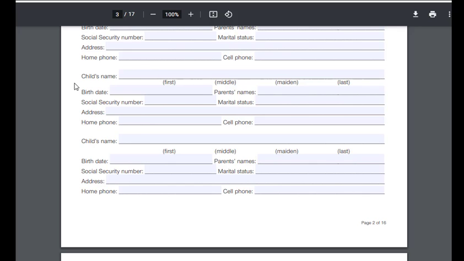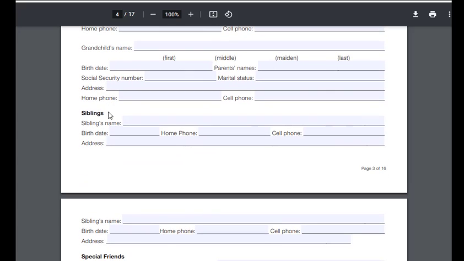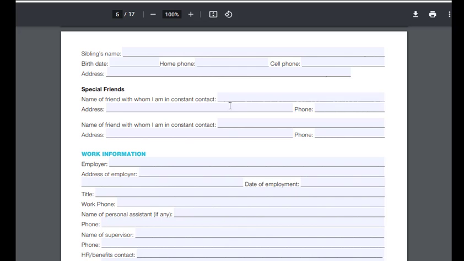Children's name and social security number, etc. Any grandchildren, because you may have children that are adults and have their own families as well. And then if you scroll on down, on pages 4 and 5, you can start adding sibling information, maybe special friends.